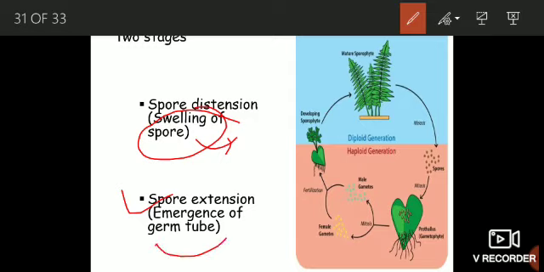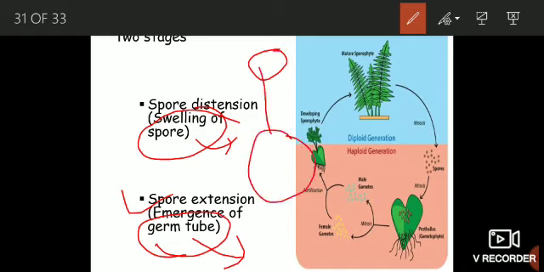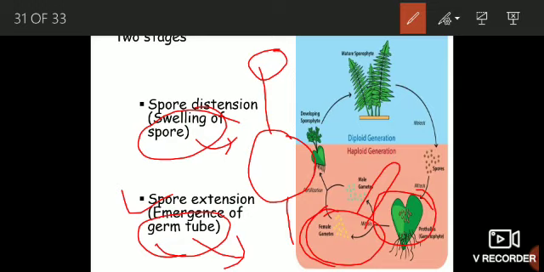The emergence of germ tube takes place. For example, this is the spore. First of all, it swells, and after swelling, here you can see a germ tube emerges from its wall. That means the spore germination has started. And after germination, it gives rise to gametophyte. Let's forget about it for the time being. We will discuss the structure of gametophytes in a separate topic.